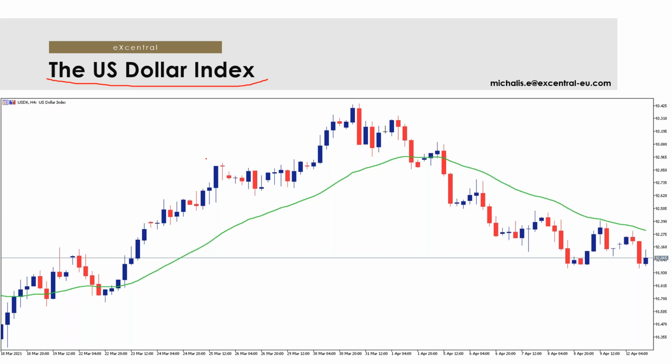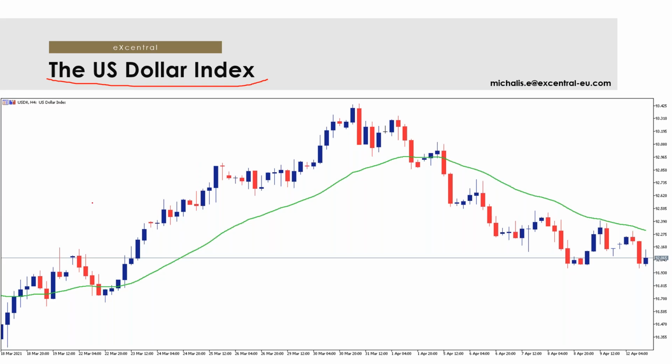The US dollar index is the value of the US dollar against 6 major currencies. So what it's doing, it's giving you a fairer indication of the price of the US dollar. And there's so many different strategies with regards to how you can use the US dollar index as part of your trading.